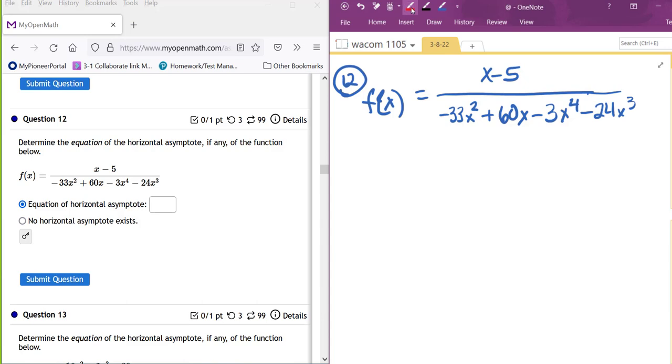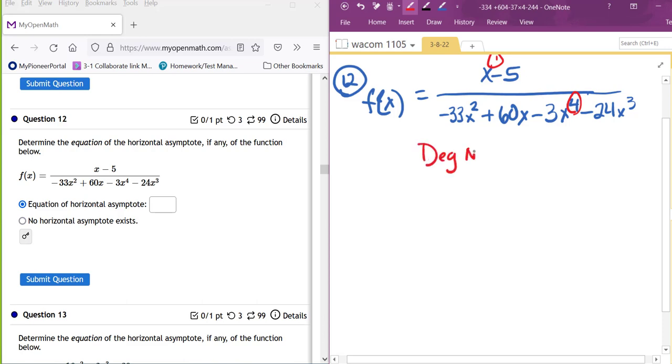Your degree on your numerator is 1. Your degree on your denominator, the highest exponent, is a 4. So your degree on your numerator here is less than the degree of the denominator. And so this one, the equation is y equals 0.